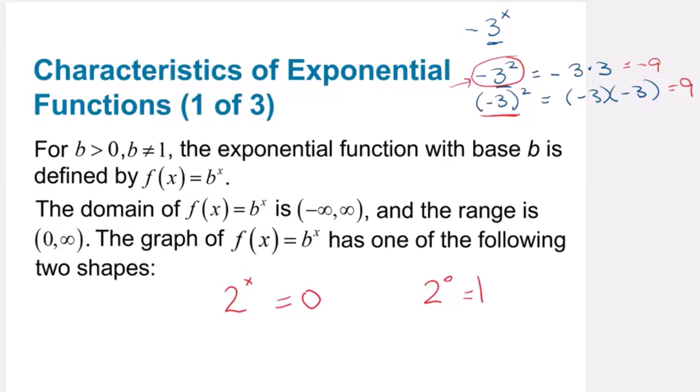And when we start making it negative, it goes into the denominator as a positive exponent. The base is greater than 0, so there's nothing here that would make an exponential function negative or 0. The domain is any value of x, but the range is just from 0 to infinity. We'll do a graph of it so you can see what it looks like.